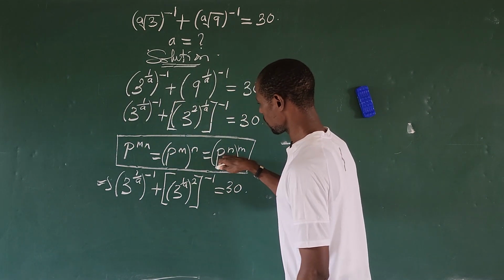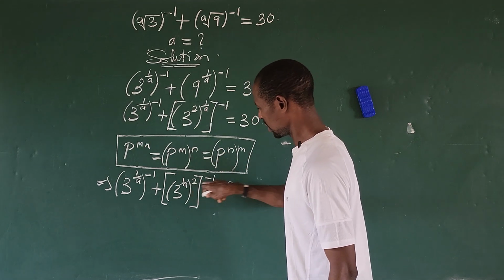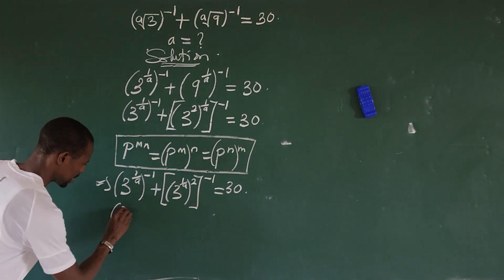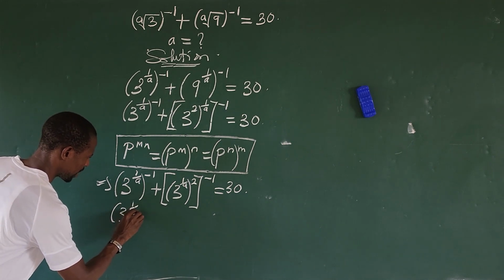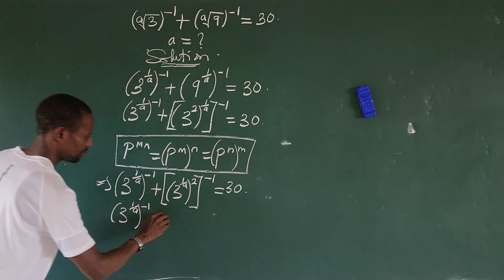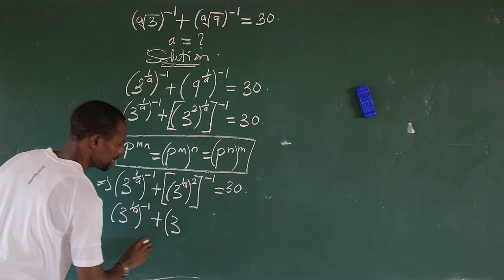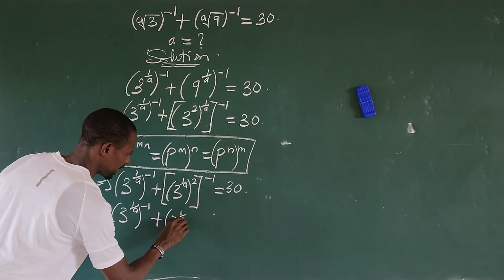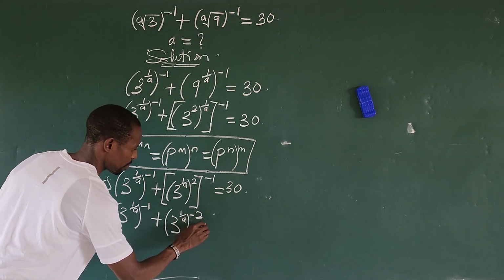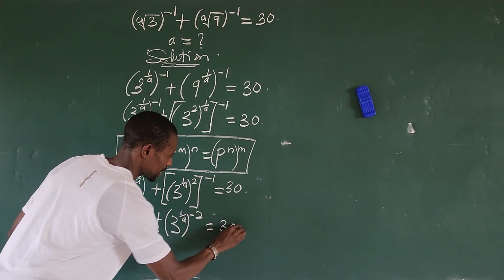Applying this law again, we can move this out here. So this gives us (3^(1/A))^(-1) plus (3^(1/A))^(-2). This is equal to 30.